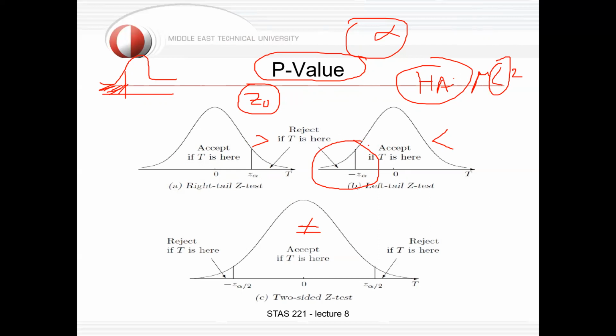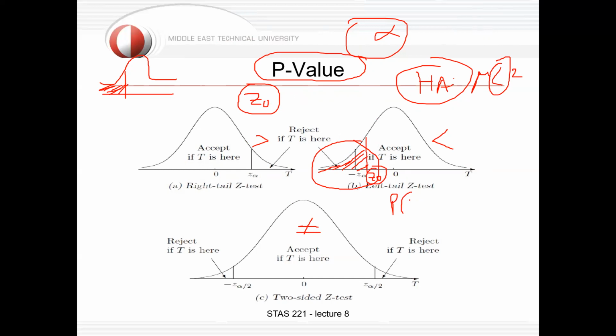Okay, so I know, for example, my Z0 is this value. Then I'm looking for this area and I call it p-value. So you see, p-value depends on Z0. So what I'm doing here, I'm finding this probability.